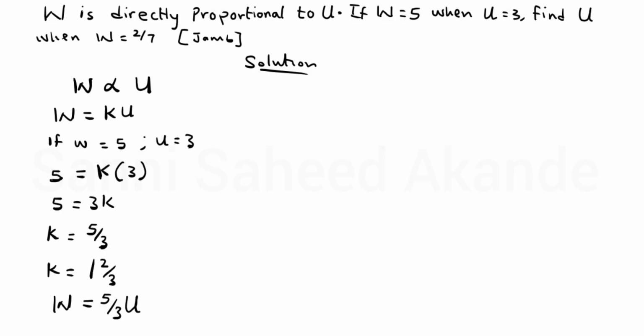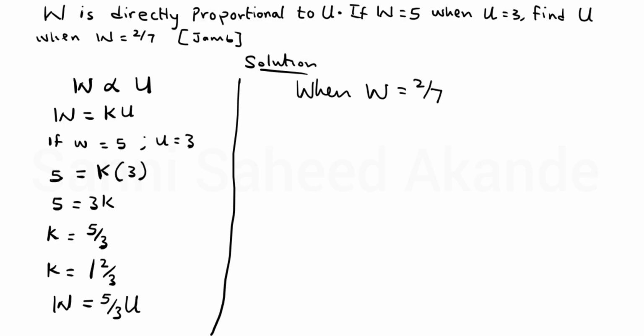So let's now proceed and find the value of u when w is equal to 2 over 7. So when w is equal to 2 over 7, we have our relationship w is equal to 5 over 3 times u. Then w now is 2 over 7 equal to 5 over 3 u.